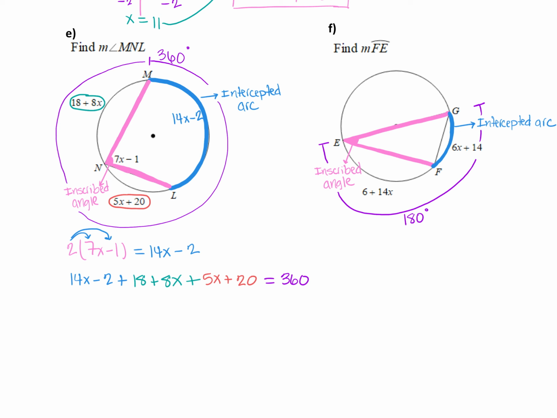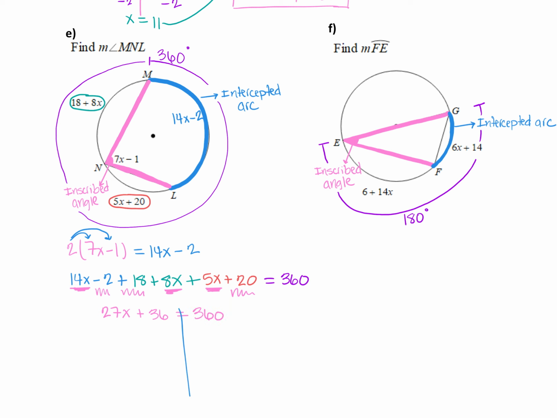Let's combine like terms. So 14x plus 8x plus 5x is 27x. And then -2 plus 18 plus 20 is 36. And those still equal 360.